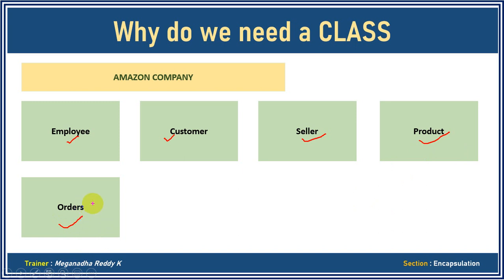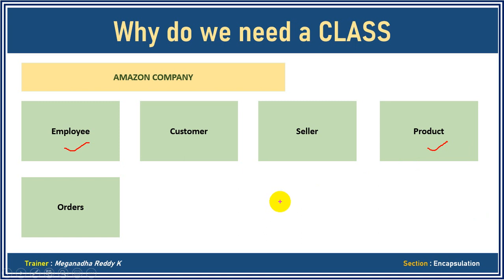That's how we categorize different entities and create separate classes, so that in future if I want to refer to anything related to employee, I can directly refer to the employee class. If I want anything related to product, I can go to the product class. That's why encapsulation talks about grouping of similar methods and data into a class for better security, better reusability, and modularity. That is encapsulation.